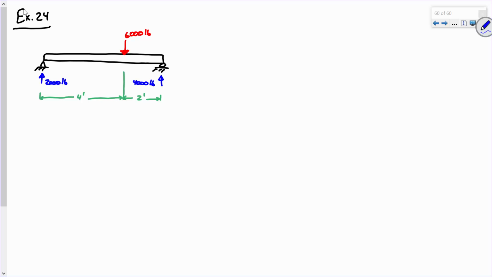And that something is 4,000. Make sense? Now keep in mind we do have this section right here that we've got to assess, this section 1-1.